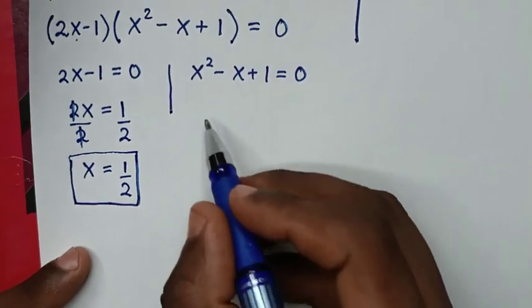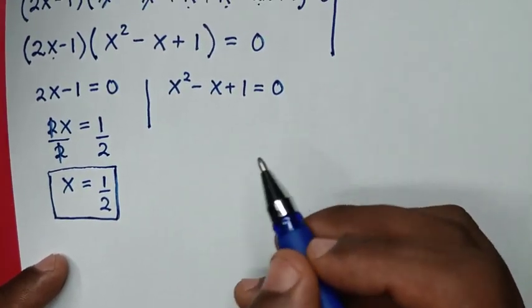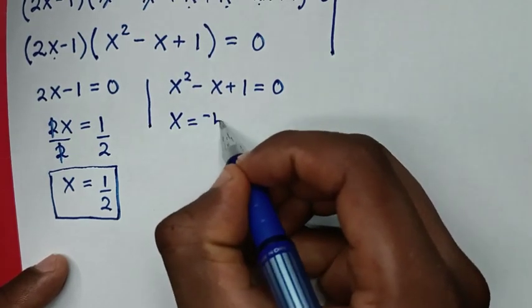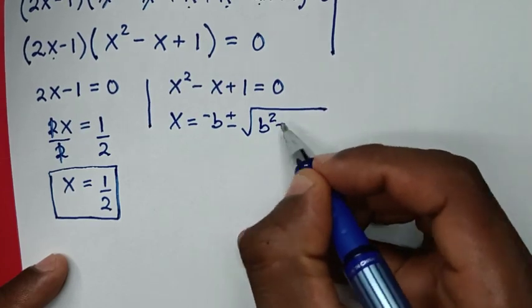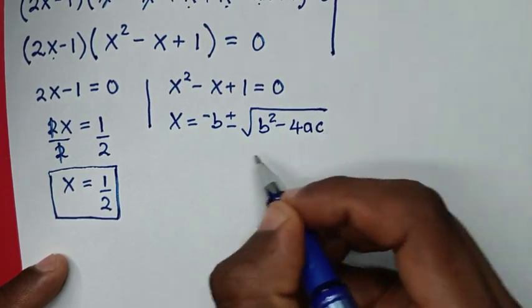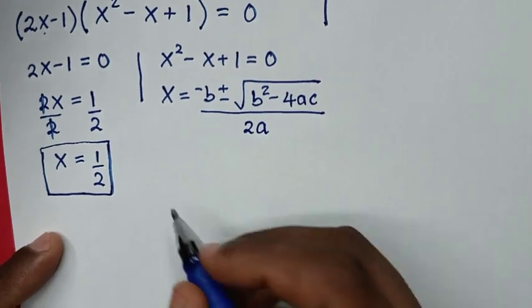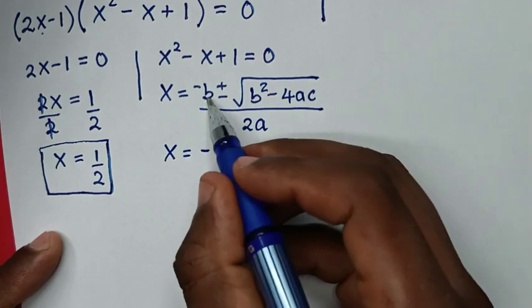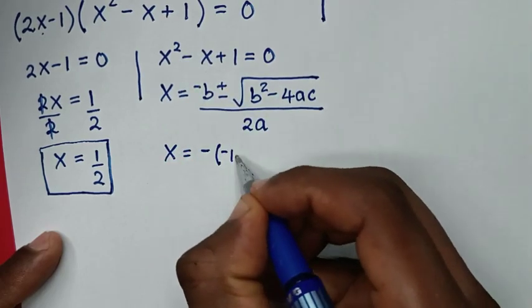Then to solve this quadratic equation, we'll use the quadratic formula. So from the quadratic formula, to find the values of x, it will be x = (-b ± sqrt(b^2 - 4ac)) / 2a. Then it will be x is equal to negative b, it is negative 1, the coefficient of x, which is negative 1.